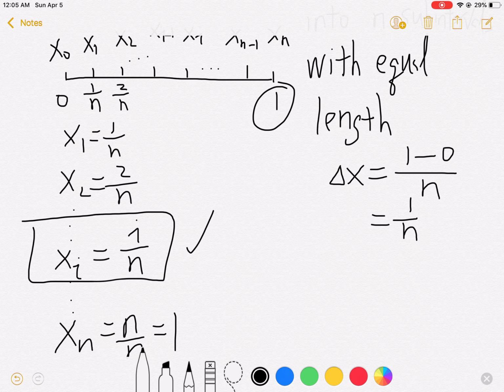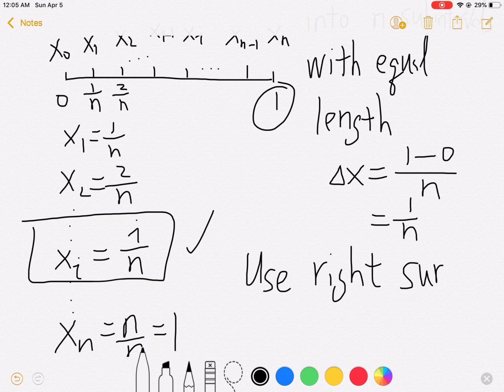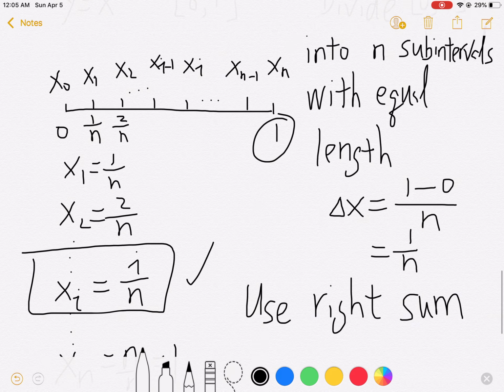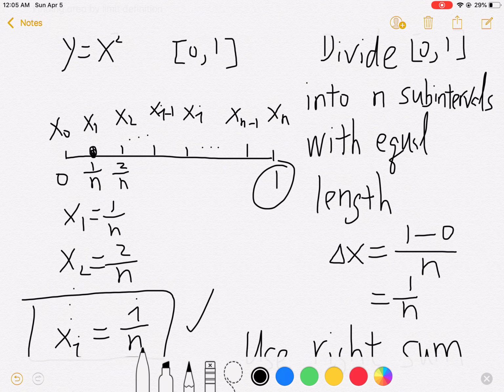Okay, so for our convenience, we use the right sum. Of course, you can use the left sum, but we use the right sum. That means for each interval, we use the right endpoint as our height. We use the f value at this point for the first interval. For the second interval, we use the right endpoint of this interval, and for the last interval we use this point as our height.